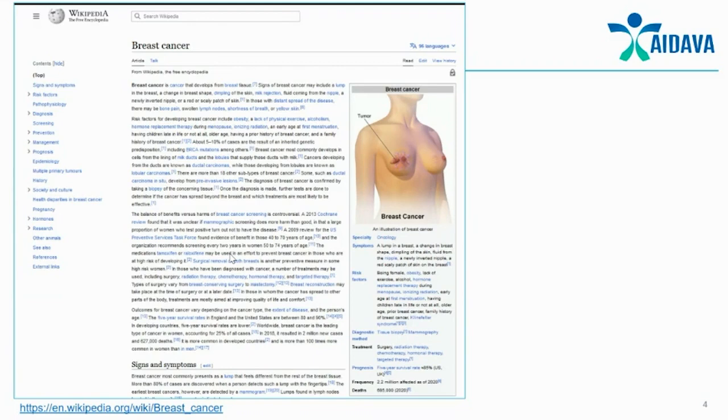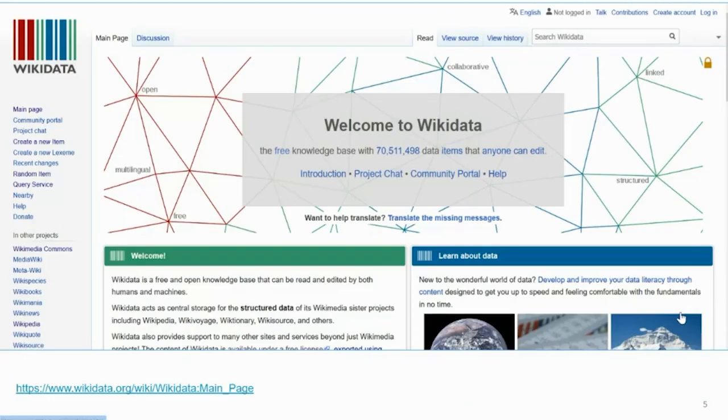And also we see at the right-hand side a panel describing in more semi-structured format information related to breast cancer. This information actually is stored in a knowledge graph, and we can see also different resources available on the web, which represent different types of knowledge information.